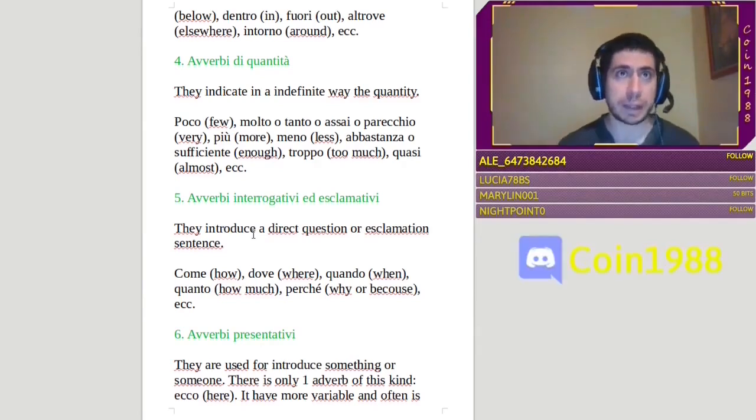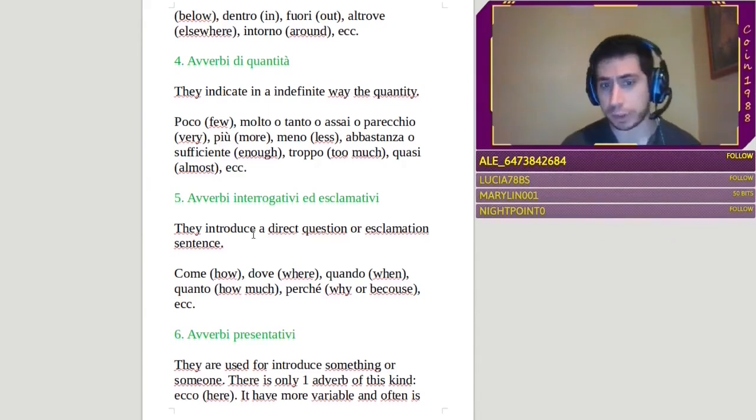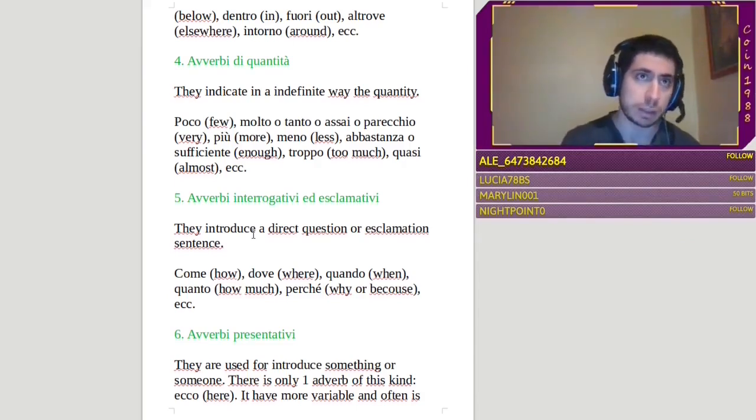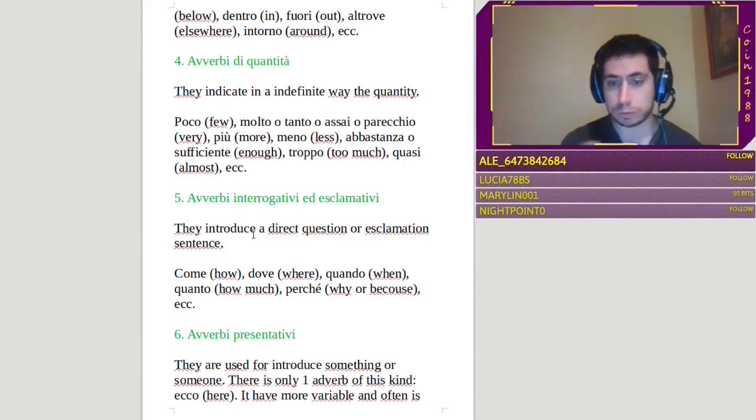We use perché for affirmative sentences and for interrogative sentences. We don't use one word for saying why in the question and another word for saying because in the answer. We just use perché.